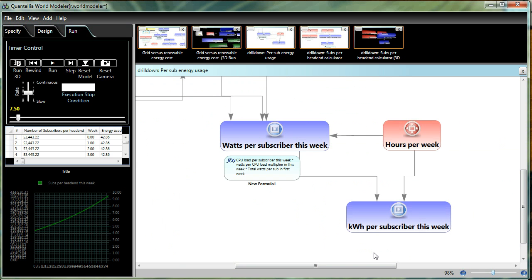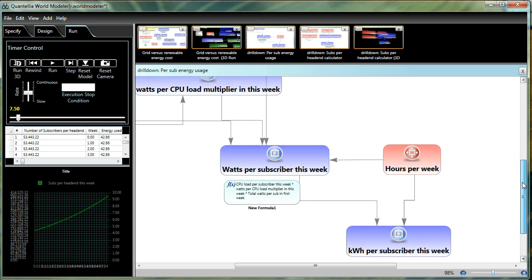And then how can we offset that cost by doing some renewable generation? So to get the kilowatt hours per subscriber, we just take the watts per subscriber, and we'll talk about how we calculate this in a minute, and then just say, well, if we're going to be supporting those subscribers every hour, 24/7, how do those watts translate into kilowatt hours?